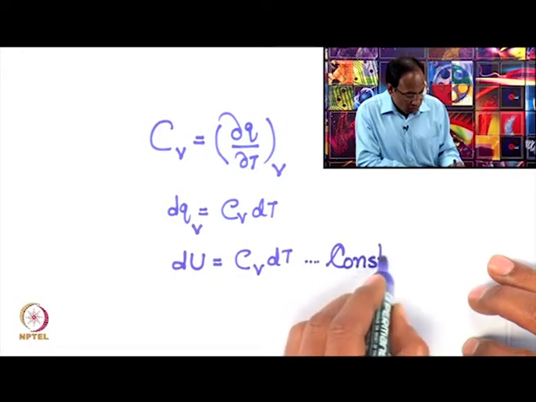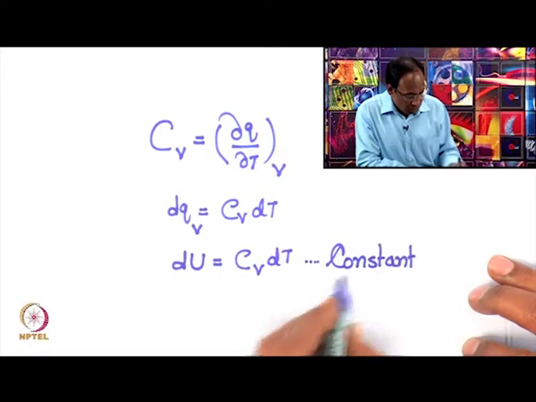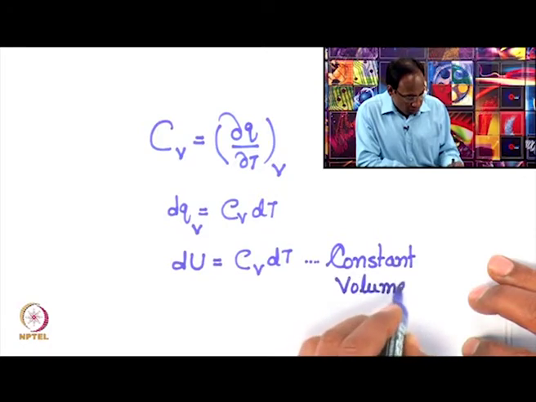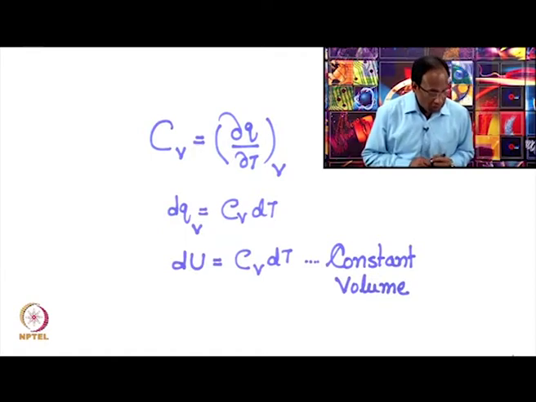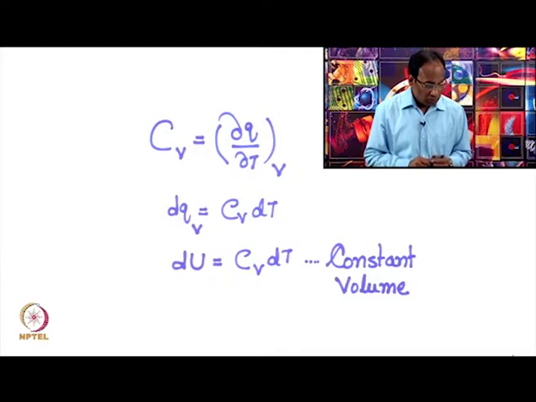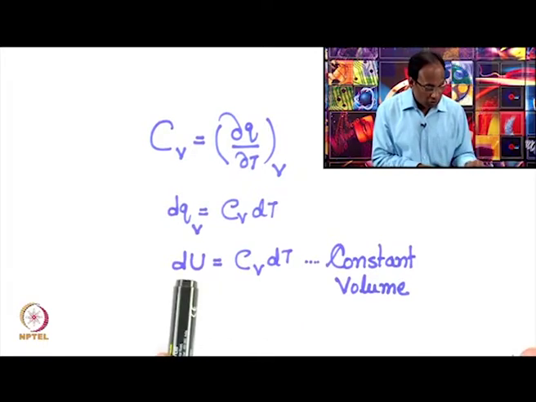You have constant volume. If the volume is held constant and the temperature is changed, we can straight away use this equation dU is equal to Cv dT.